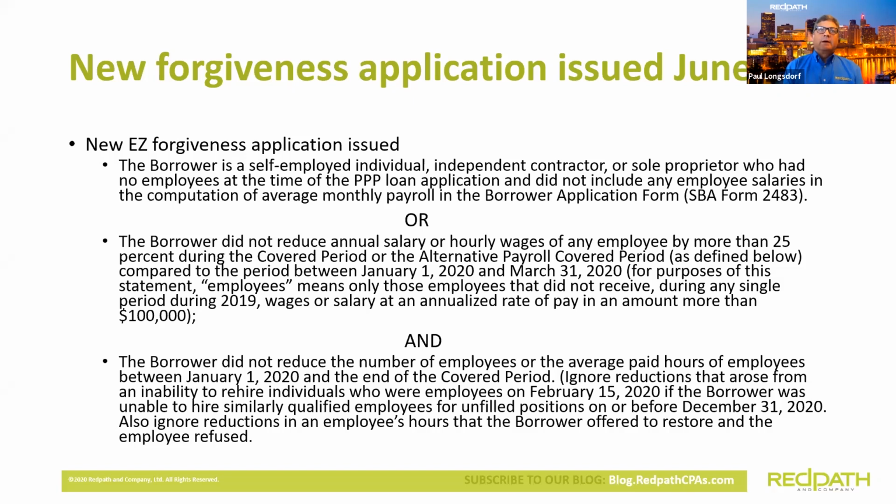The first one is, if you're a self-employed individual or sole proprietor who doesn't have any employees. So essentially what that means is your loan was all just based on your self-employment income from 2019. Makes a lot of sense there because your forgiveness is based on 2019 income there as well. So that's pretty straightforward, and you wouldn't expect to have any kind of FTE reductions or 25% reductions. So that all makes sense.